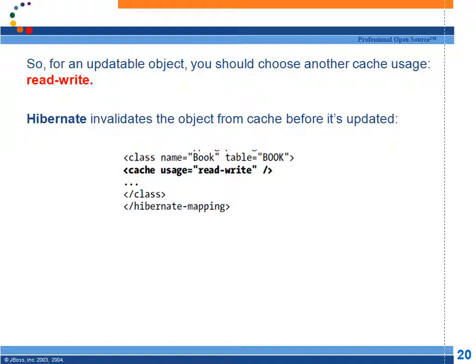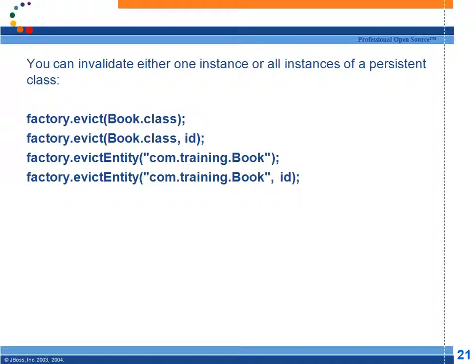Whenever you update an object, Hibernate invalidates that object from the cache before it is updated. So once you fire an update query, the query will go to the database, right? Before firing the query, if the object is already present in the second level cache, it will be invalidated. So we will not work with stale data. You can invalidate either one instance or all instances.